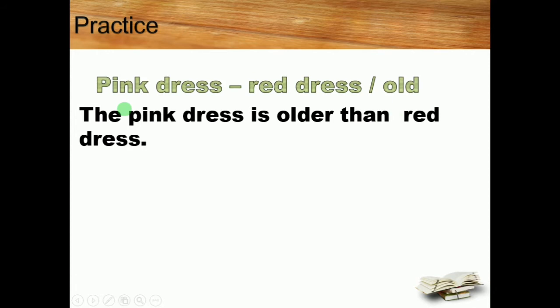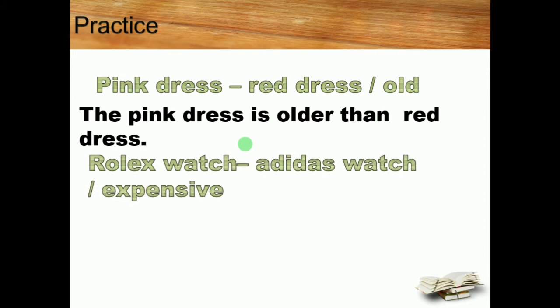Vamos a utilizar el artículo the. The se traduce como el, la, los. ¿Ok? Entonces el vestido rosado es más viejo que el vestido rojo. Aquí me comí el the de red dress, pero también va the pink dress, the red dress. ¿Ok? The pink dress is older than the red dress.